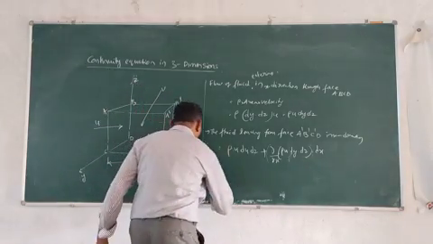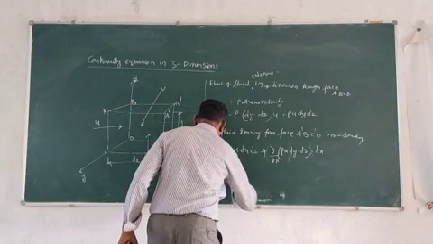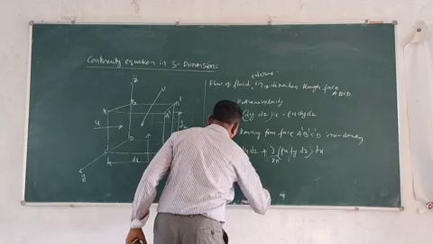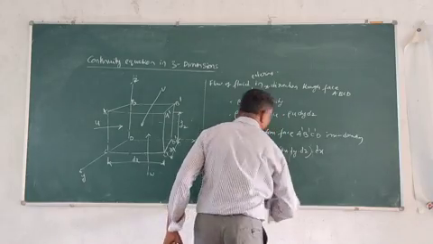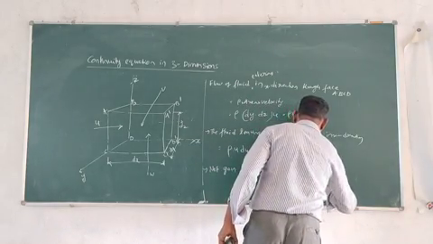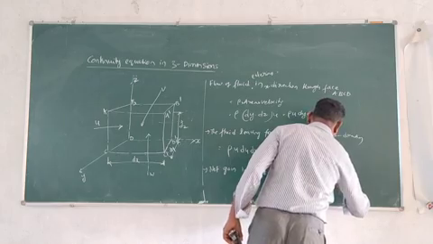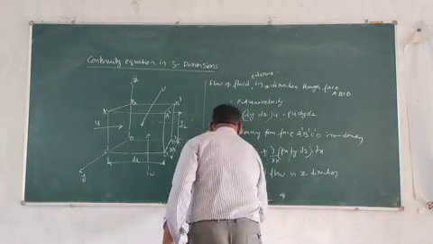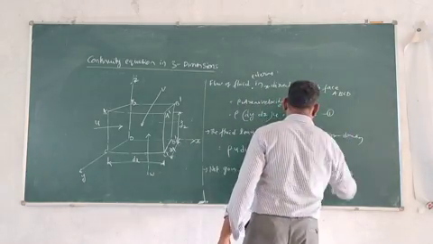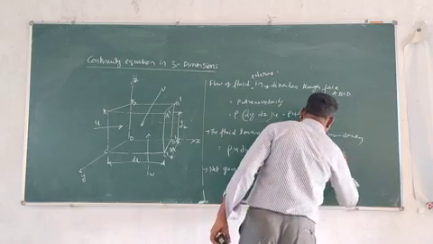Now consider net gain in the fluid flow in the x direction. Treat it as equation 1 and equation 2.